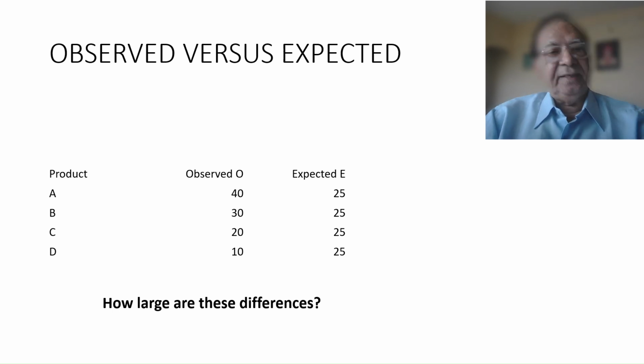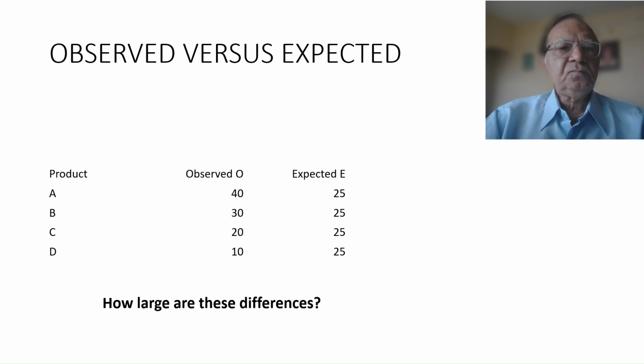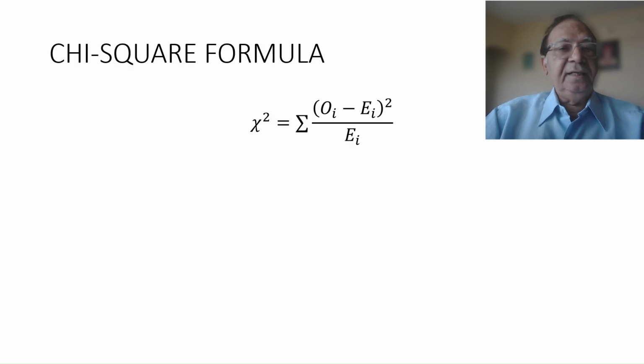And product D, we observed only 10 but 25 were expected. The question is not whether differences exist. Clearly, the differences exist. The statistical question is, are these differences large enough to reject the null hypothesis?